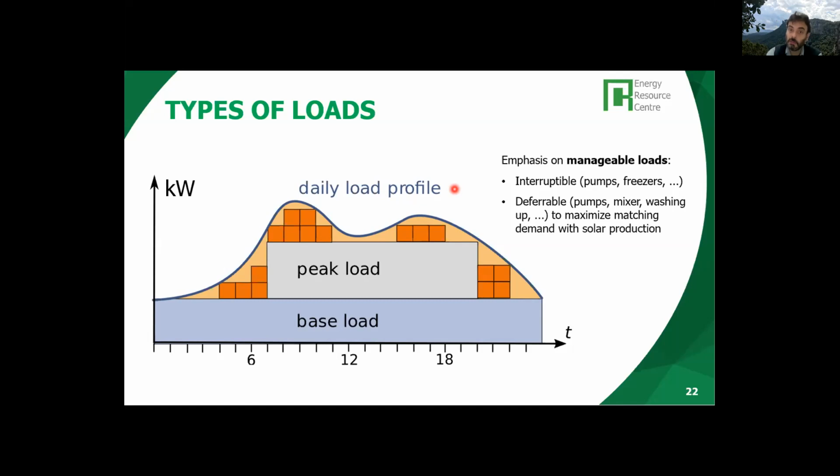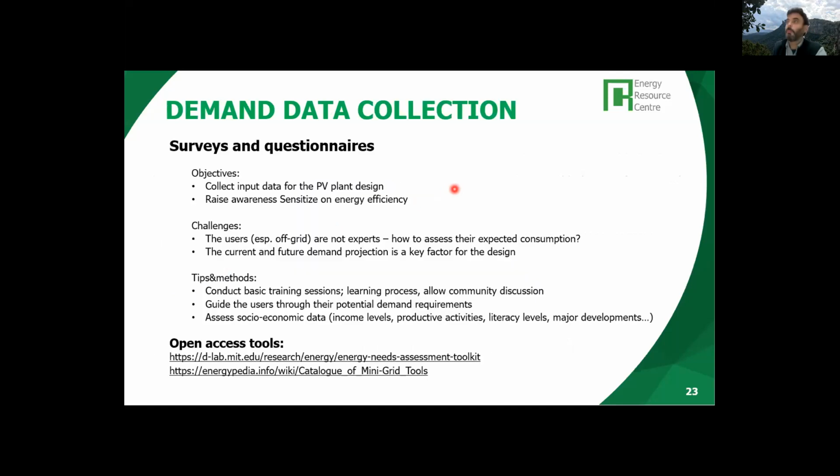Then there are deferrable loads, those consumptions that we can move throughout the day. Typically, we want to move them to the time of day where there is good solar irradiation. So when the PV panels are generating nicely, we can decide to use water pumps or washing machines, or mixers to prepare some juice or some food, or some machinery, etc.